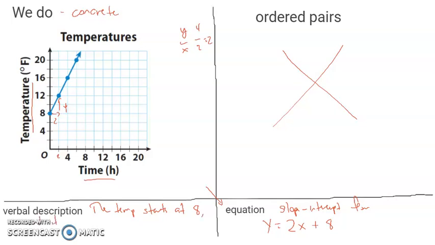And it increases, unit rate, 2 degrees each hour. And again, if you wanted, instead of using the slope here, to use this, you could also say it increases 4 degrees every 2 hours. That's the same thing, totally fine.